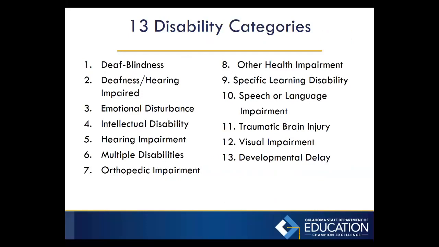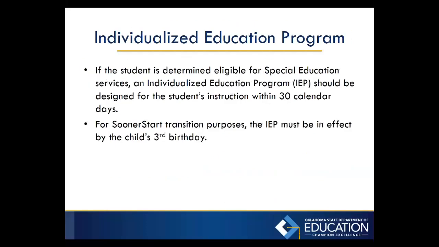They have to be in their standalone category, okay? So even a 3-year-old would be considered deaf-blind, deaf or hearing impaired, or visually impaired. Those are the key factors for the exceptions to developmental delay.